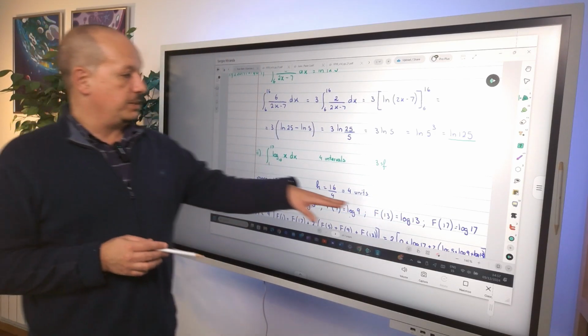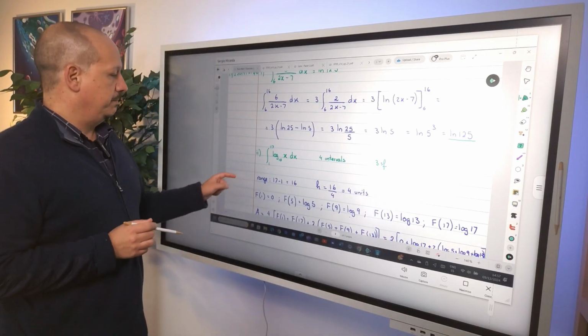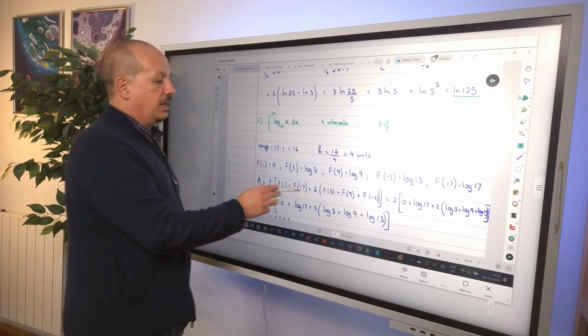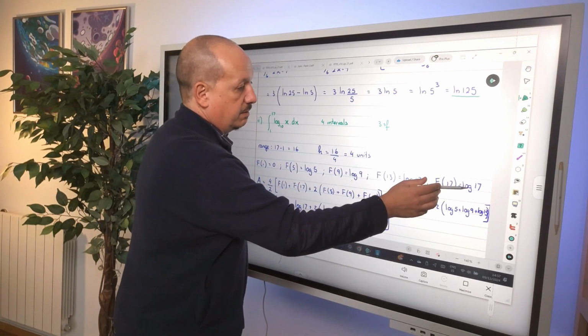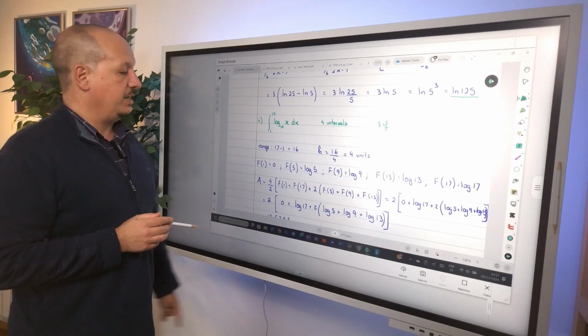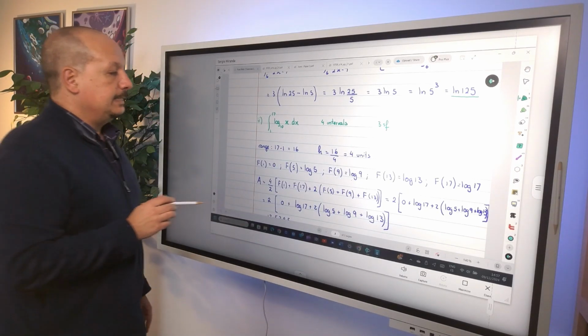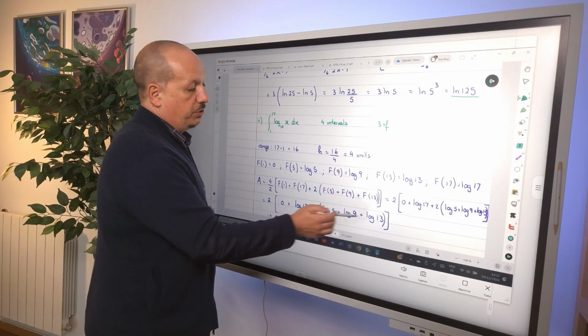Just plug in the values and see what you get in terms of the logarithm. Then apply the rule. H is 4, F1 is 0, F17 is logarithm base 10 of 17. The others are multiplied by 2.